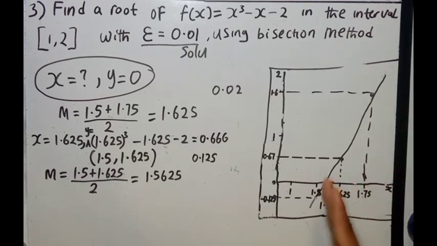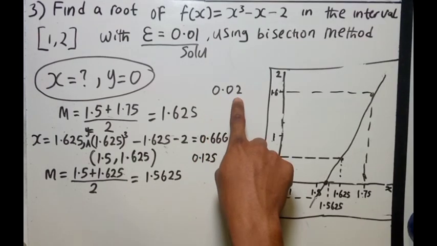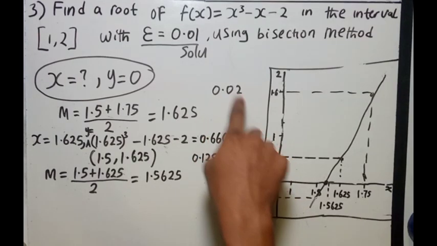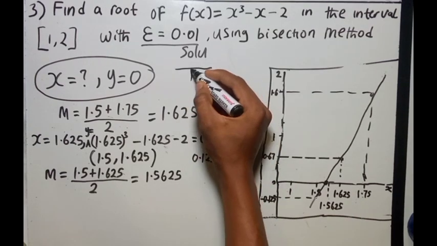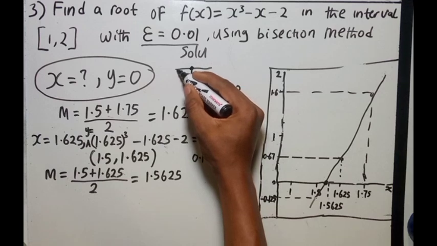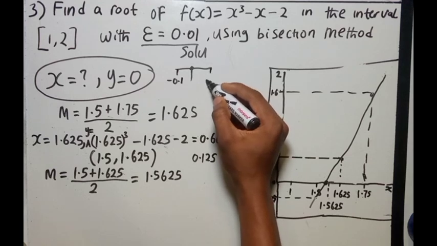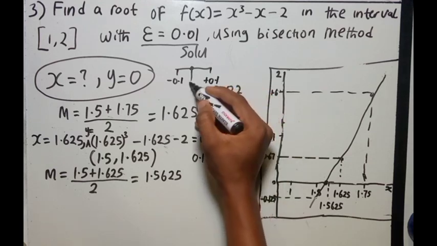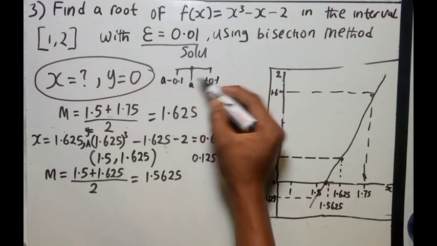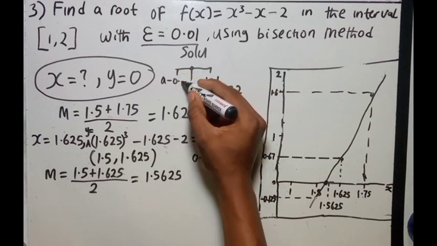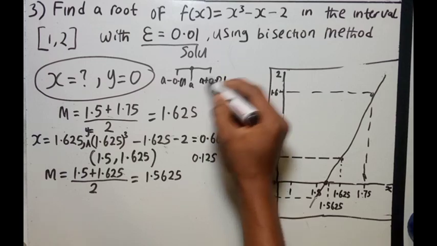So we still have to keep dividing this to get to a level where the difference between the two interval is 0.02. You'll be asking, why is it 0.02? This tolerance factor means that if this is your root you're looking for, here is A, the value before it should be A minus 0.01, and here should be A plus 0.01.